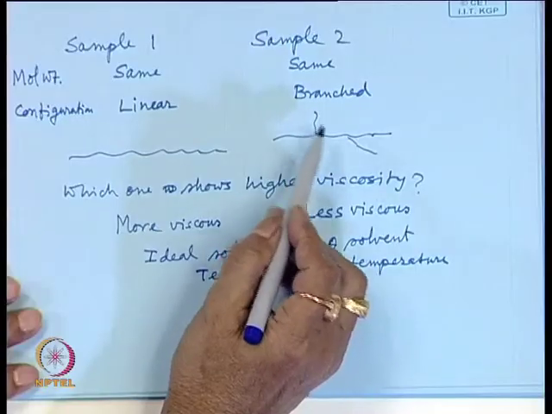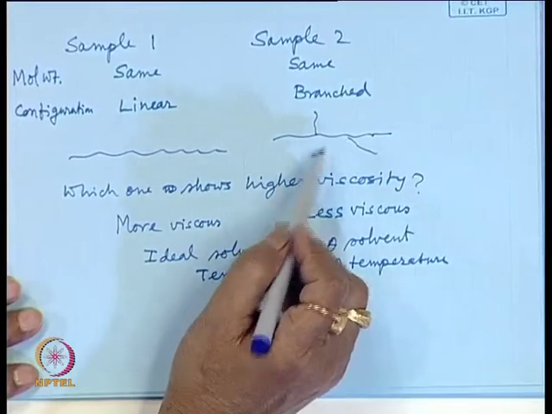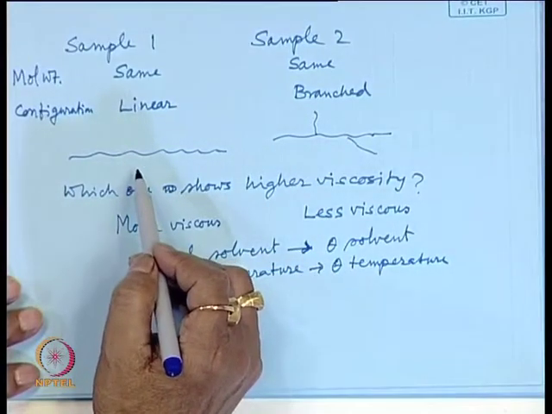Now, think of the volume you require while sitting in an attention position. If you stretch your hands and legs this way, if you stand, then the space requirement will be more. That is the radius of gyration. In case of branched, that can remain squeezed. So, the radius of gyration of this system is less. So, this will be less viscous than this linear configuration.